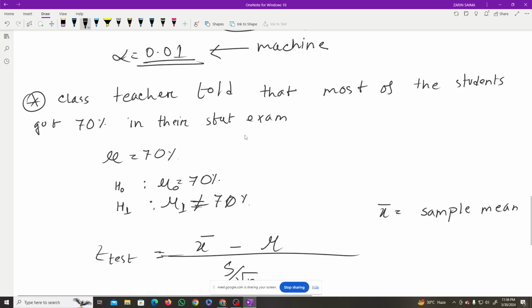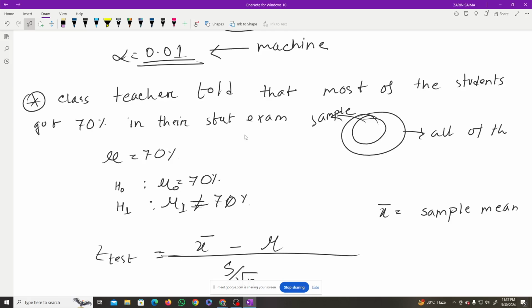So some students in your classroom who gave statistic exam would be your sample, and the population will be all of the students who participated in the exam. But you know, this is a very small case, so that's why the population is very small. But in real life, the population would be very big.